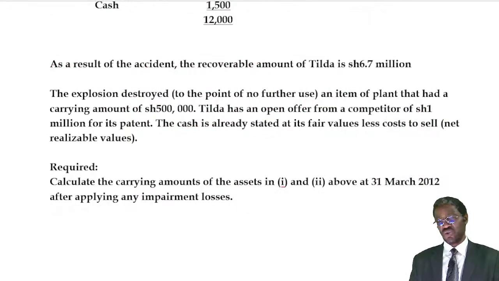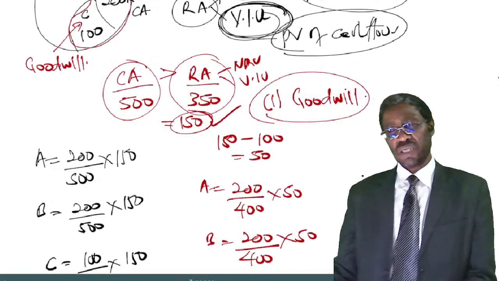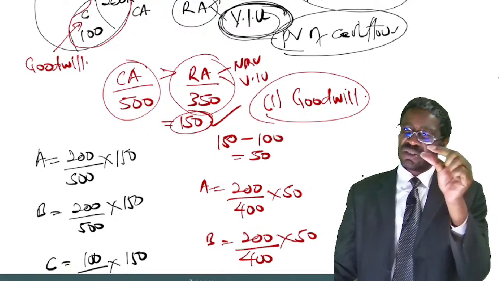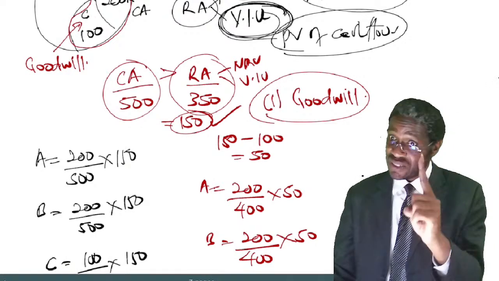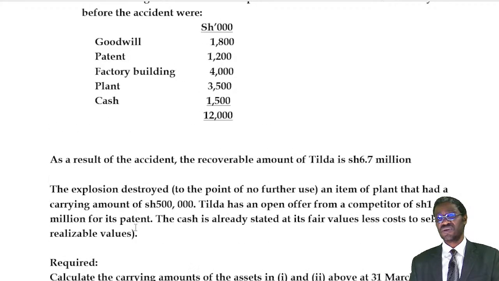Here, we are told there was an accident, a gas explosion that destroyed a plant, which is one of the components you can see of the cash generating unit. It only destroyed one component of the unit. That was the plant. Okay? Which is part of the unit you can see in that list. The second last one is a plant.